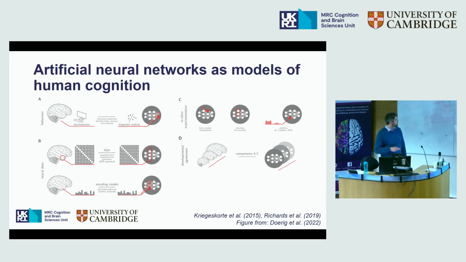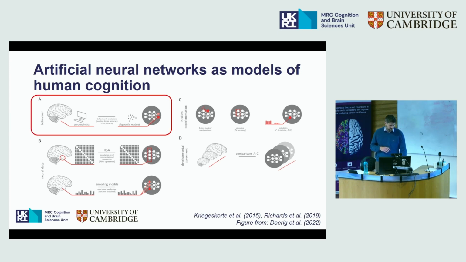So you can compare psychology, the behavior, psychophysics. You can compare the brain representations to the model representations using either representational similarity based methods or encoding models. You can do some sort of in silico lesion studies, or also developmental ones.